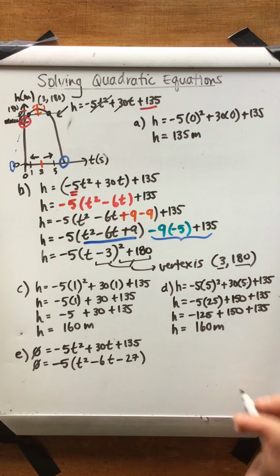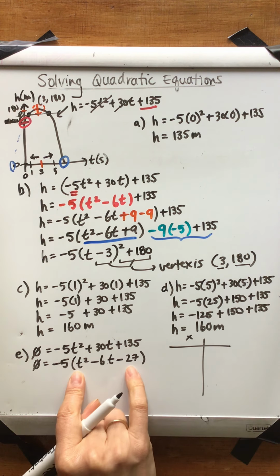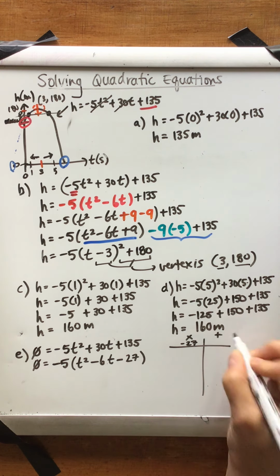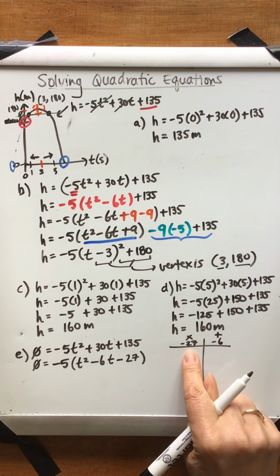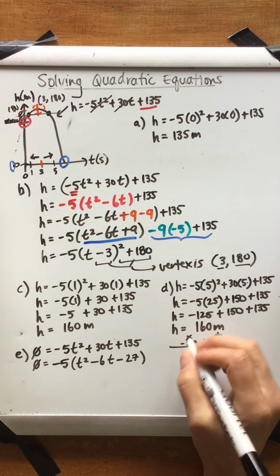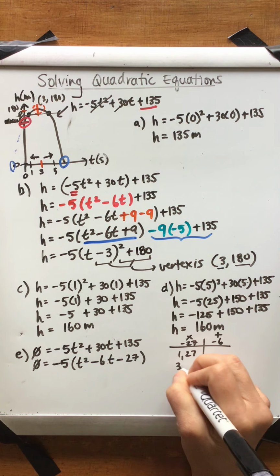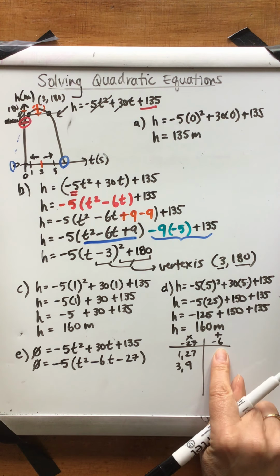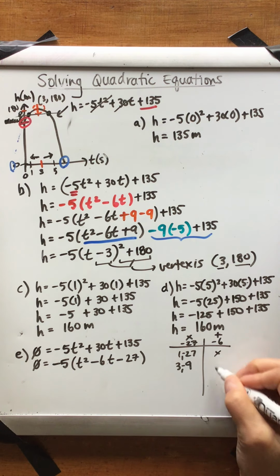So I'm going to think to myself, what are two numbers that multiply to give 1 times negative 27, which is negative 27, and add to give negative 6. Well, there are not many factors of negative 27 other than 1 and 27, or 3 and 9. Now, I'm going to allow the larger one to be negative because they have to add to give a negative value overall. And there you go.